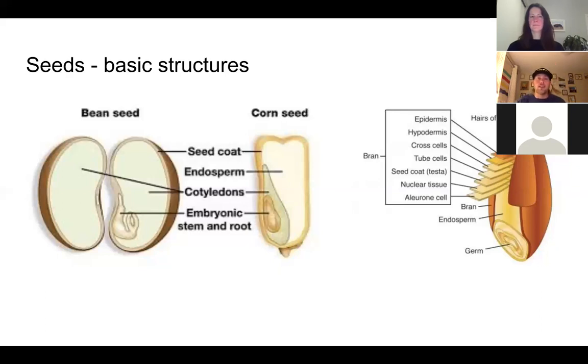So that's a little primer on classification for next class, but I needed to point that out here. Both of them have a seed coat, otherwise known as the testa, which is just protecting the precious insides of the seeds from harm, holding them in.